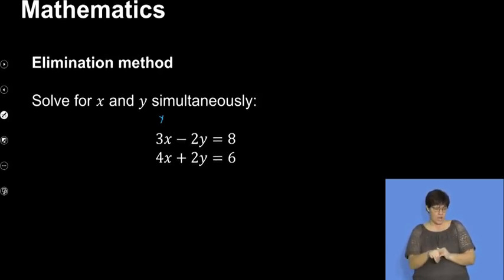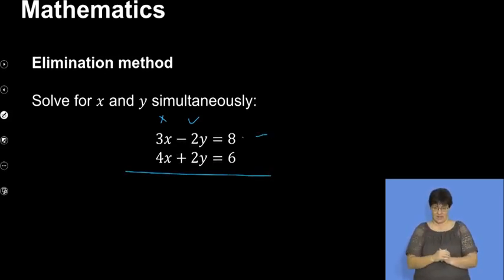Minus 2y, plus 2y. If I subtract them, it will give me minus 4. So I cannot subtract. But if I add them, it will give me 0. So it means I must first start by cancelling the y, solving the x, and then solving the y after.